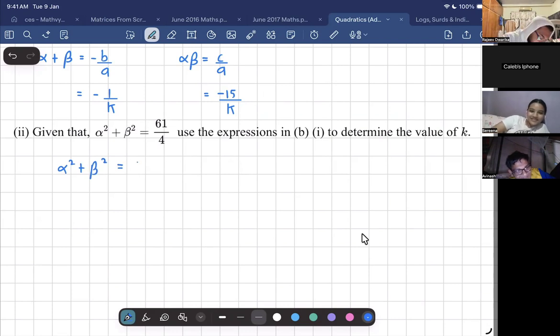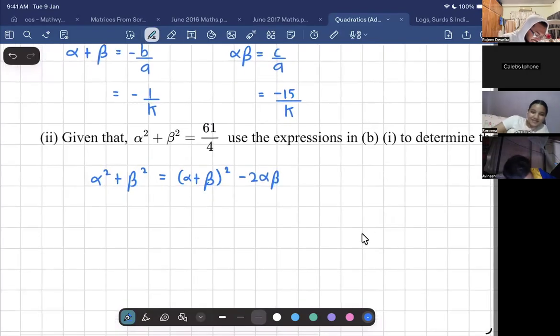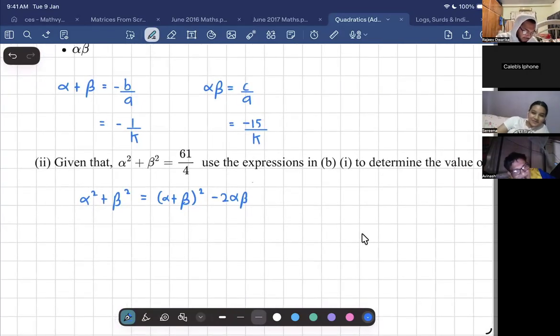Bracket alpha plus beta squared minus 2 alpha beta. Big up. Right? And we know that that entire thing is equal to what, Caleb?